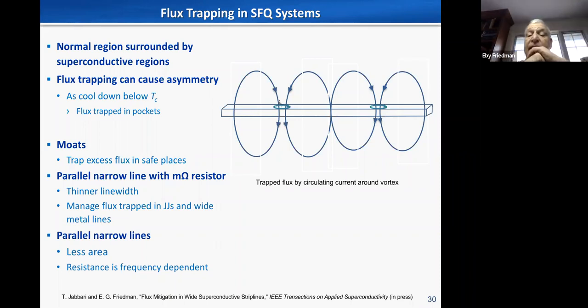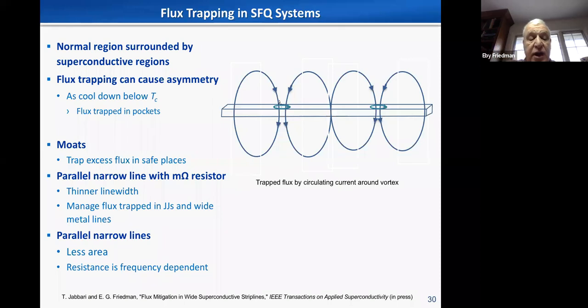So flux trapping is a phenomenon peculiar to superconductive circuits, and again very similar to antenna effects. And so there are ways of fixing it. The classic way is to have these moats that you distribute around the layout to trap the flux and put it in a safe place and keep it away from where the action is.